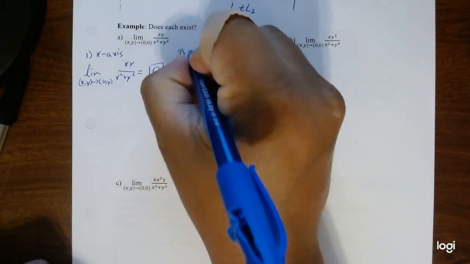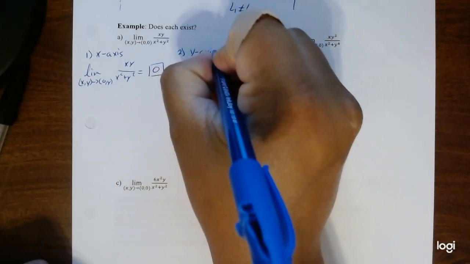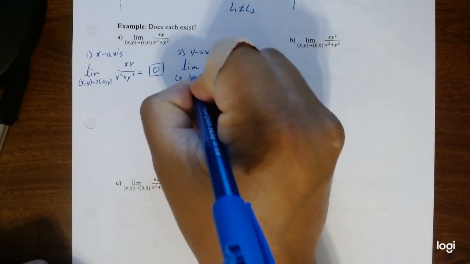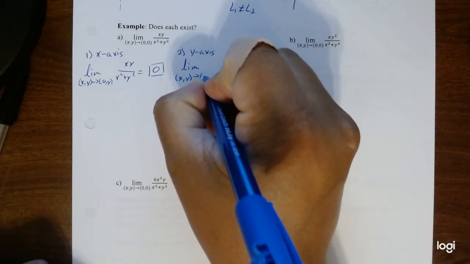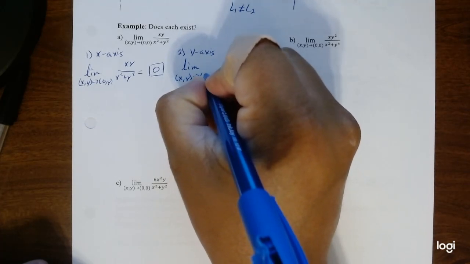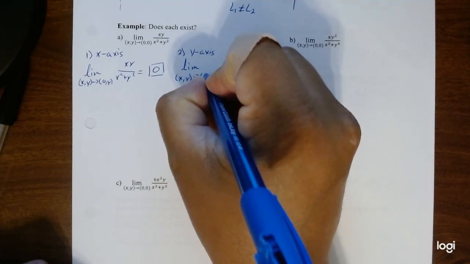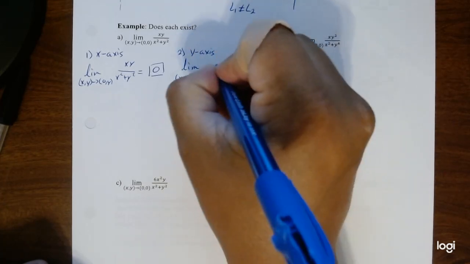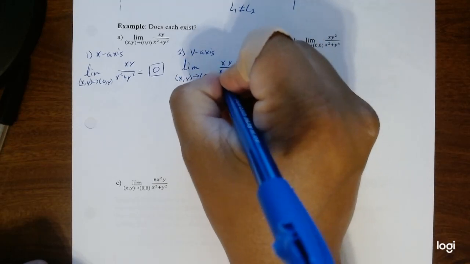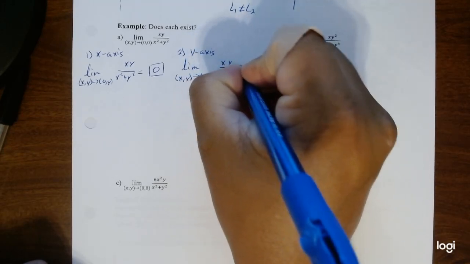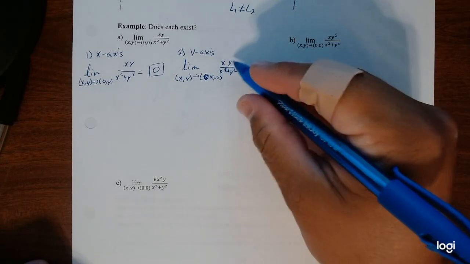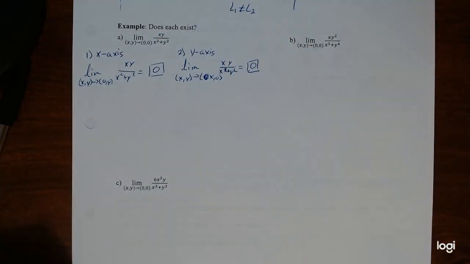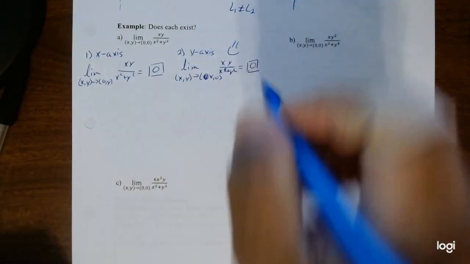Next we'll do the y-axis. And again, plug in 0 for y. Notice you also get 0. So you're like, oh, sweet. This limit does actually exist. Perfect. On to the next.